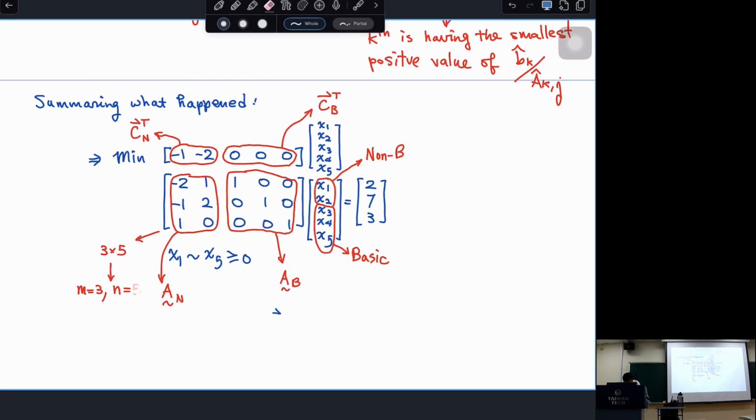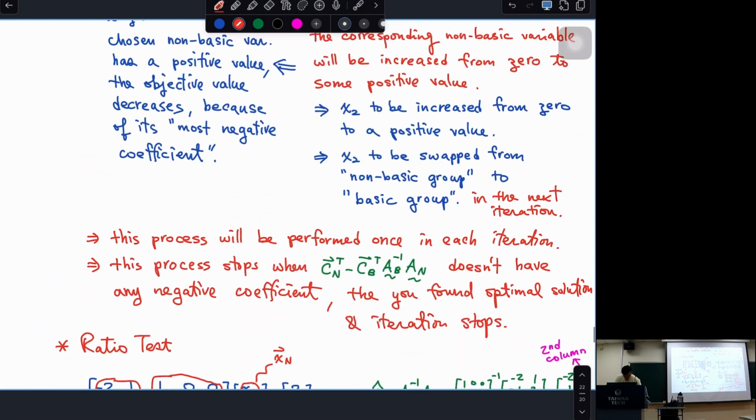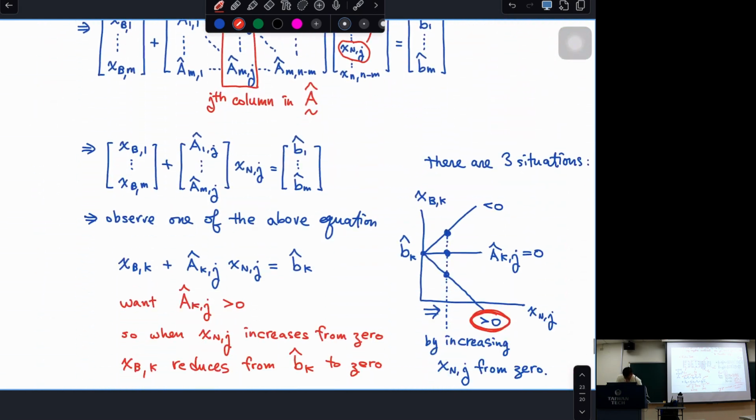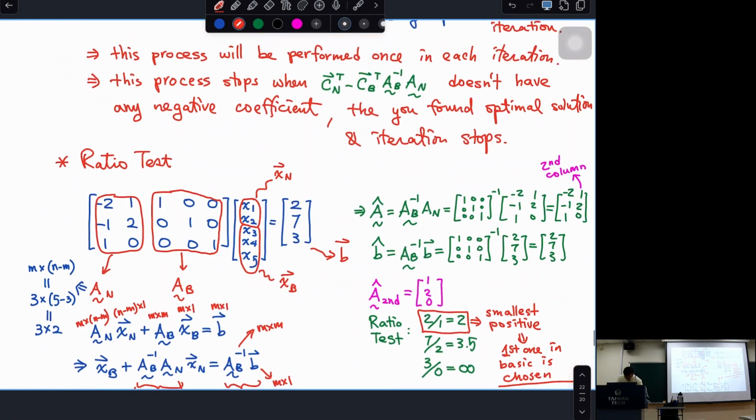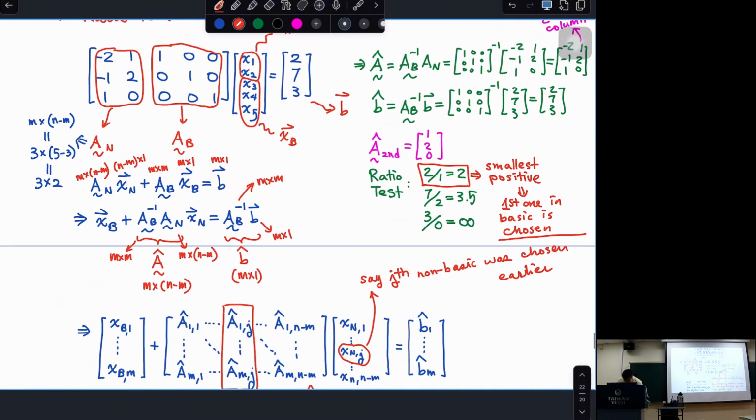Initially, you have a problem like this, and then we did this calculation.